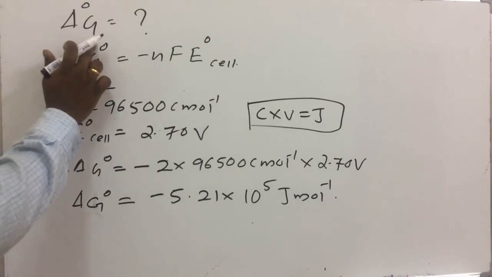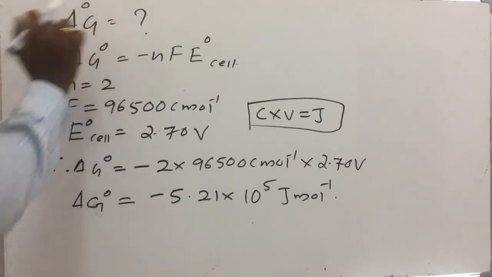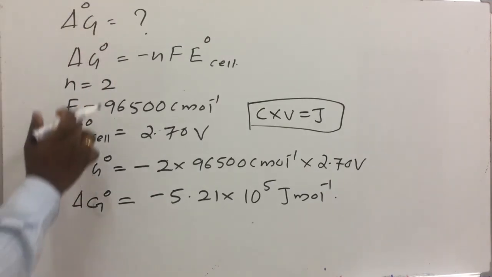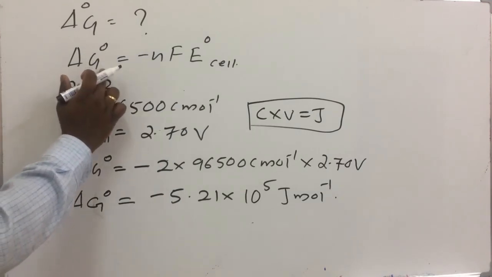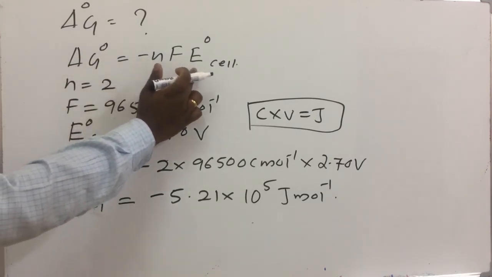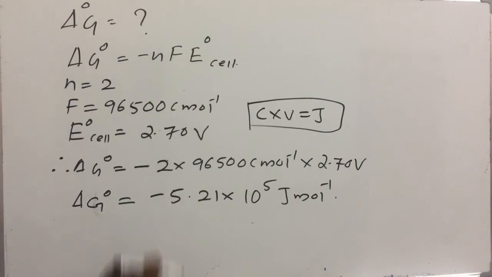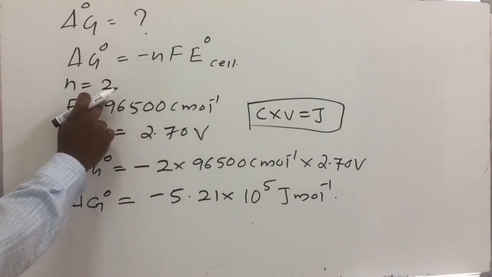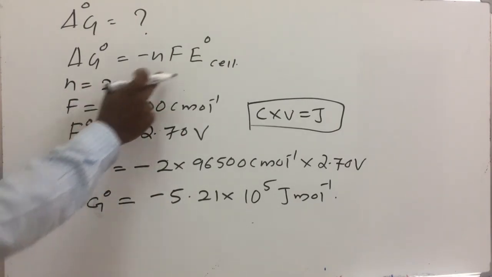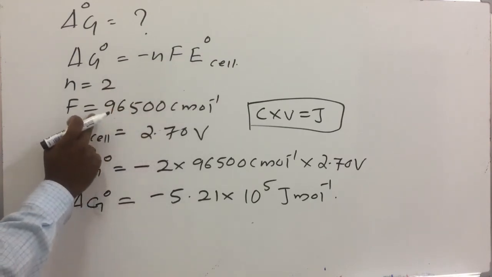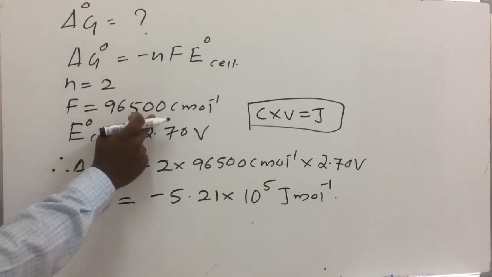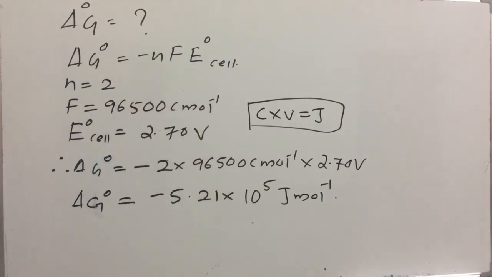The next part of the numerical is the calculation of the standard Gibbs free energy, delta G0. What is the equation for delta G0? Delta G0 equals minus nFE0 cell. Here n is equal to 2, the valence. F is the Faraday constant, whose value is 96500 coulomb per mole.